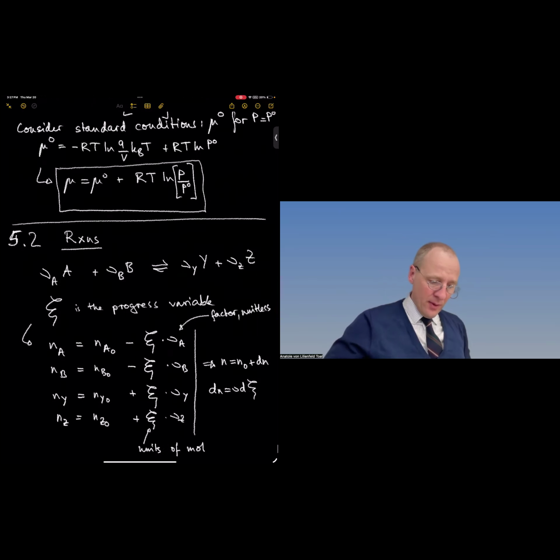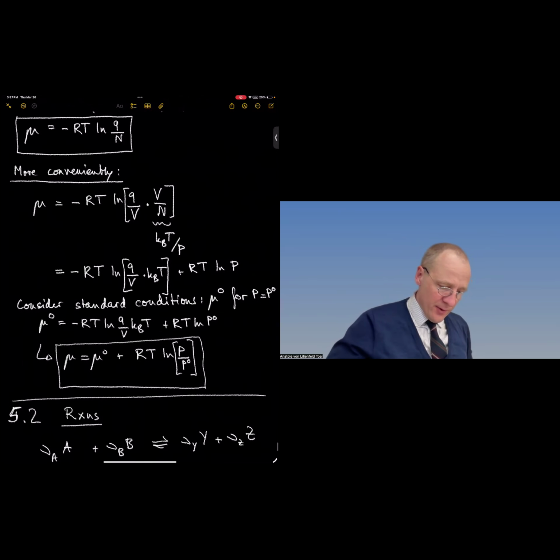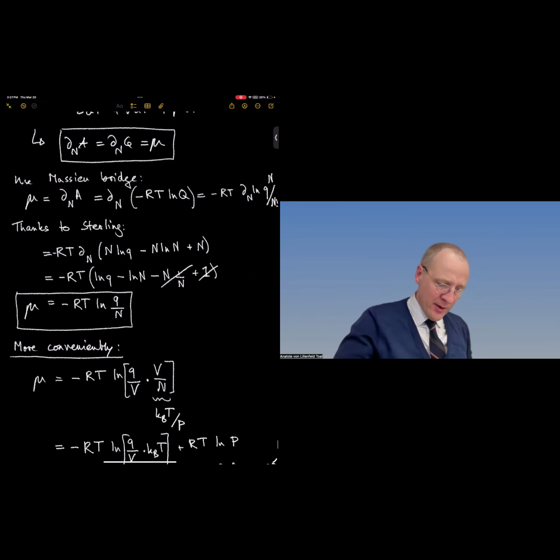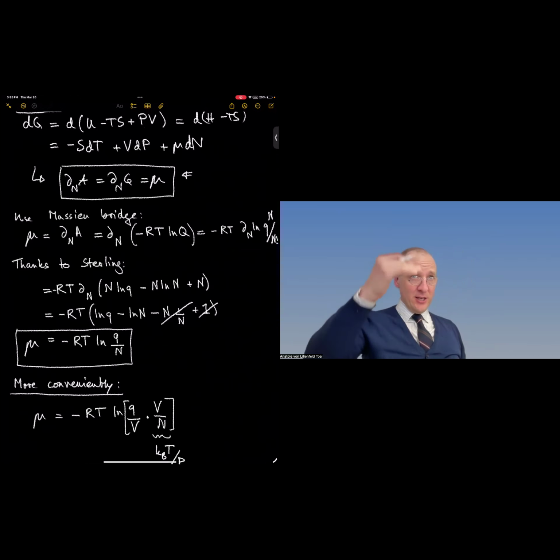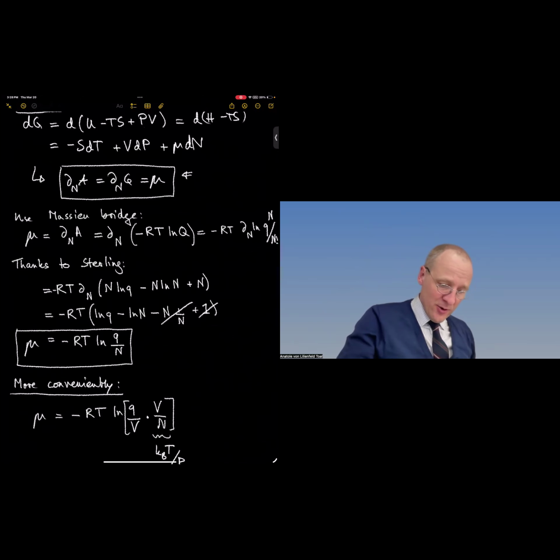So regarding the units, from here you have a derivative, so there's a fraction of energy over particle number. So the units are energy over particle number, for example kilojoules per mole.